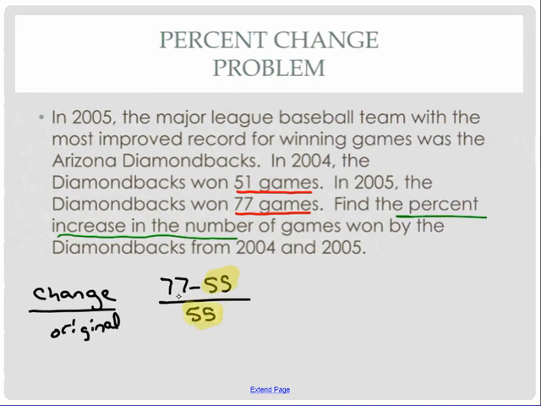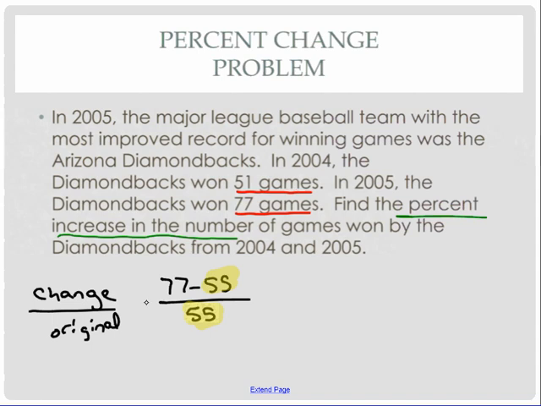So you have the current number minus the old number divided by the old number. All right? Gotta pay attention to that. We know that they won more games. And if they won more games, it should make sense that we are going to then have a positive result. And if you get these switched up, you're going to end up having a negative result. You're going to have a bad time.